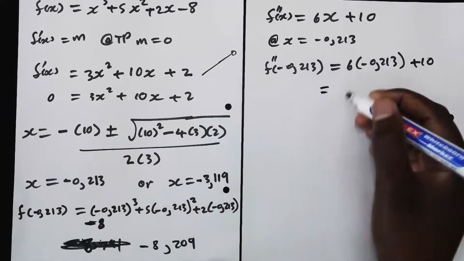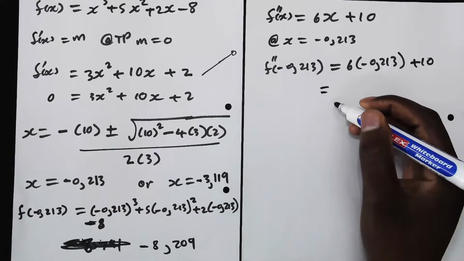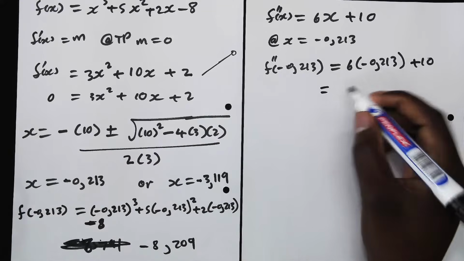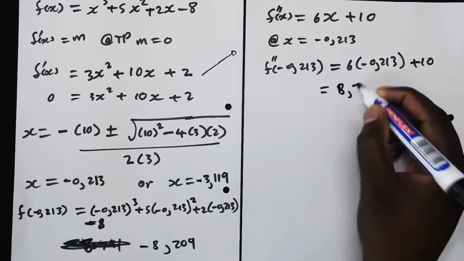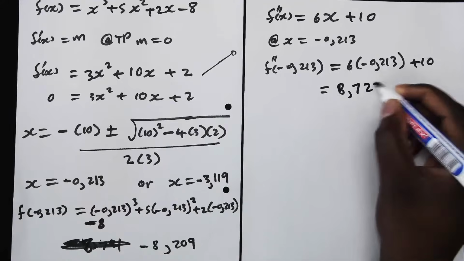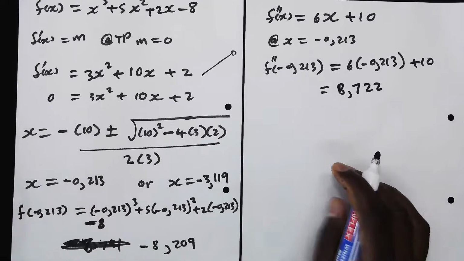So it is equal to 7.2. So it's a positive value, isn't it?